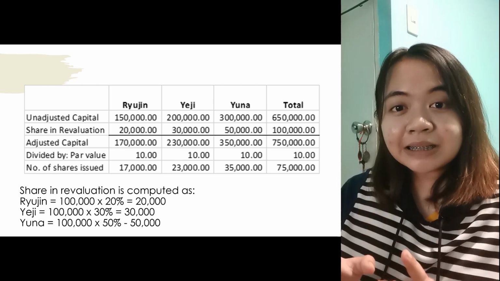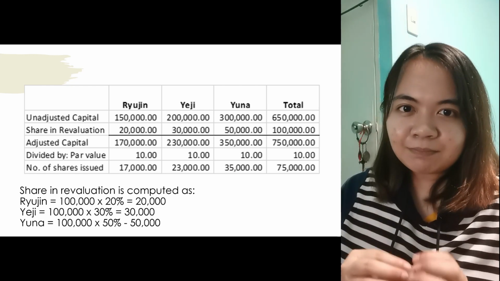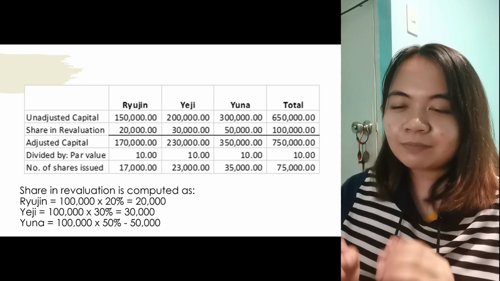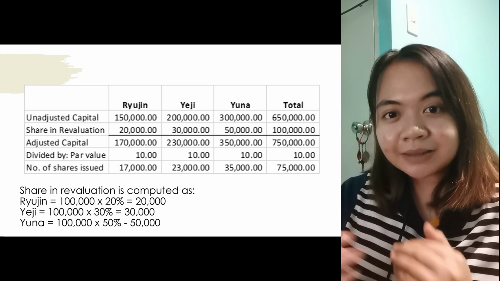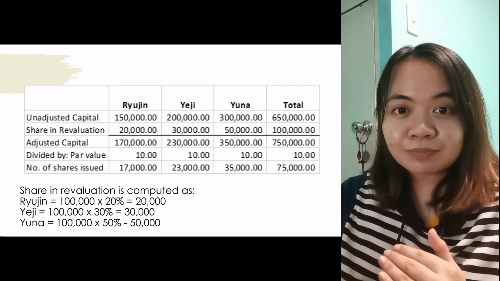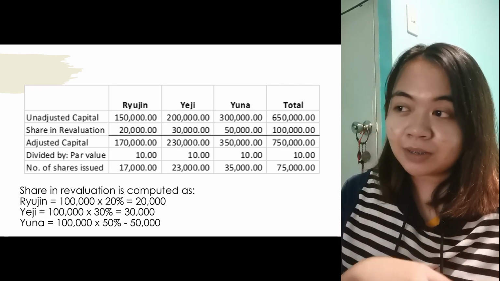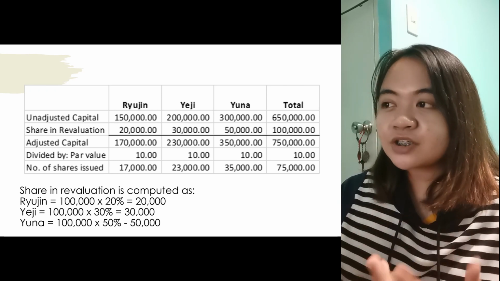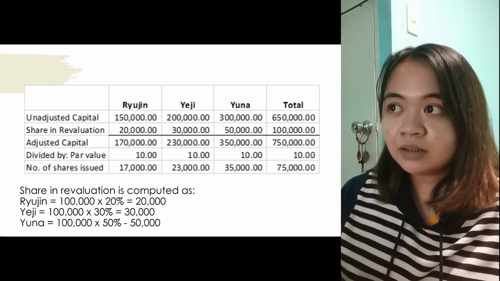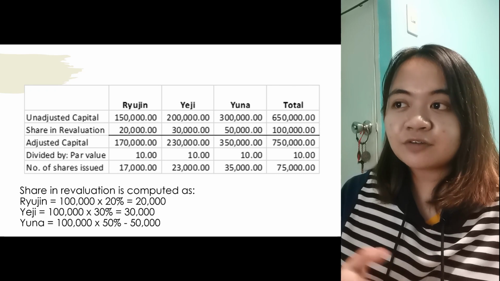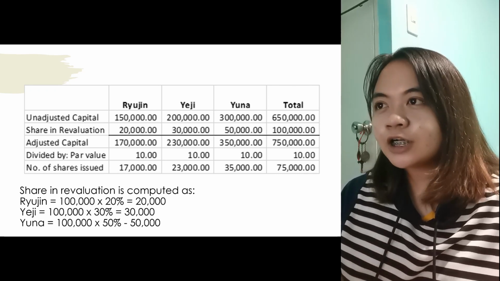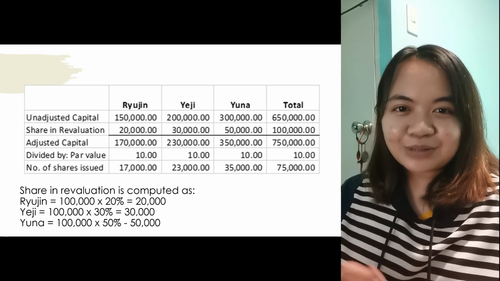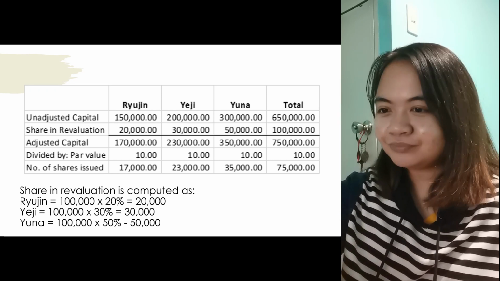So, it's as if they bought shares with a par of 10. They bought the shares at par value using their capital balances in the partnership before. So, 170,000 divided by 10, you get the number of shares issued: for Ryujin it's 17,000, for Yeji it's 23,000, for Yuna it's 35,000. Who is the majority stockholder? Yuna. Okay, so that's all there is to it.